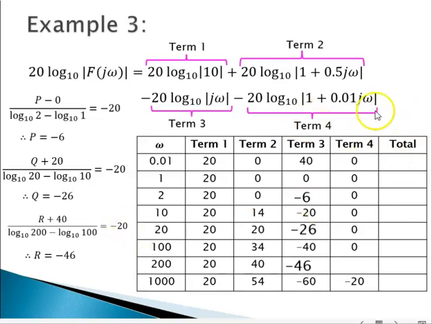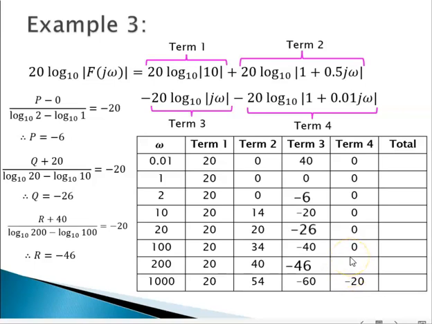So this last term again contributes one corner frequency, 1 over 0.01, that is 100. Up to 100 it is a 0 decibels line. After 100, for the next decade it will go to minus 20 because it is minus 20 decibels per decade. 0 minus 20 is minus 20.